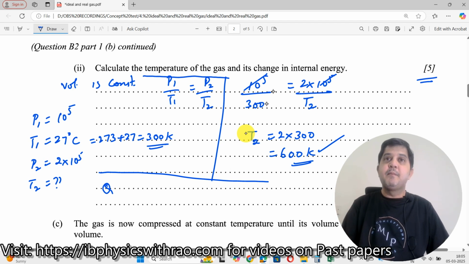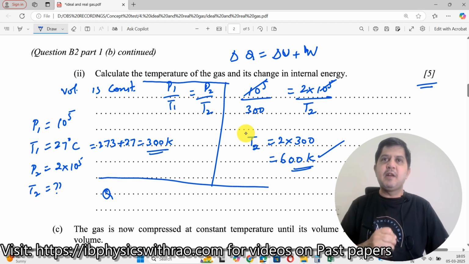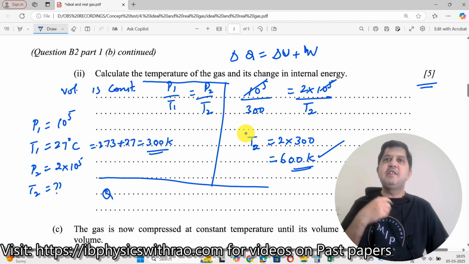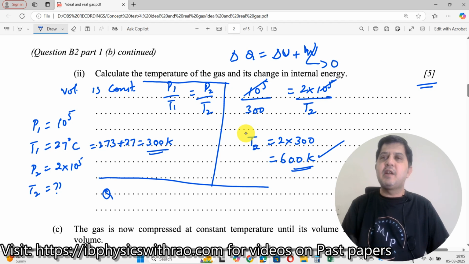Why? Because we know that Q, that is delta Q, is equal to delta U plus W. What is this actually? This is your first law of thermodynamics, right? In the first law of thermodynamics, what does it tell you? It tells you that whatever heat energy you are supplied, it goes in increasing the internal energy of the substance, plus it also does some work. Now fortunately for us, the work done is equal to 0. Why is work done equal to 0?